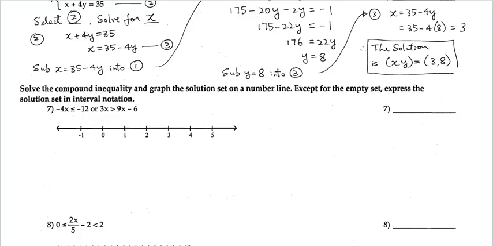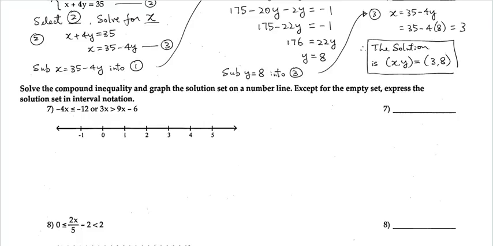Number 7, we are solving a system of inequalities, and let's graph it out afterward, and also express your solution in interval notation. So you have to follow the instruction.